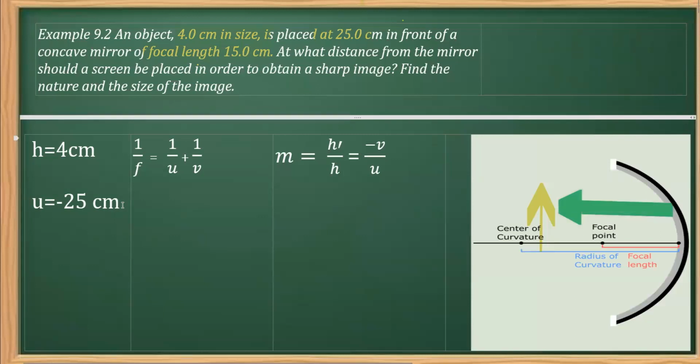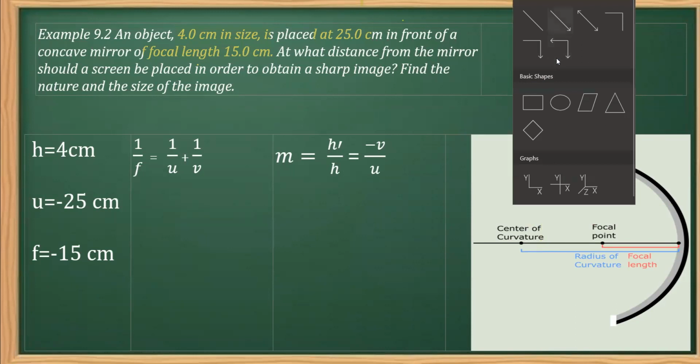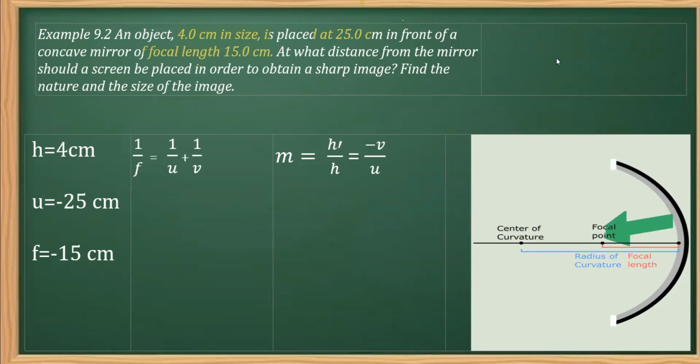The focal length is given as 15 centimeter, but we should take minus 15 centimeter, because the focal length is to the left of the pole. Otherwise also, you should remember that the focal length of a concave mirror is negative.